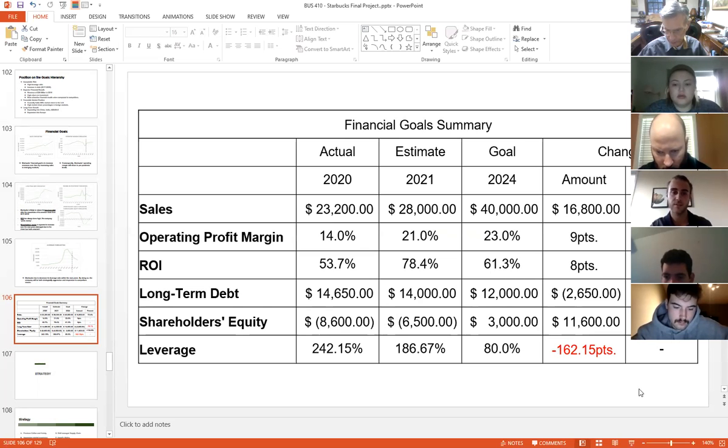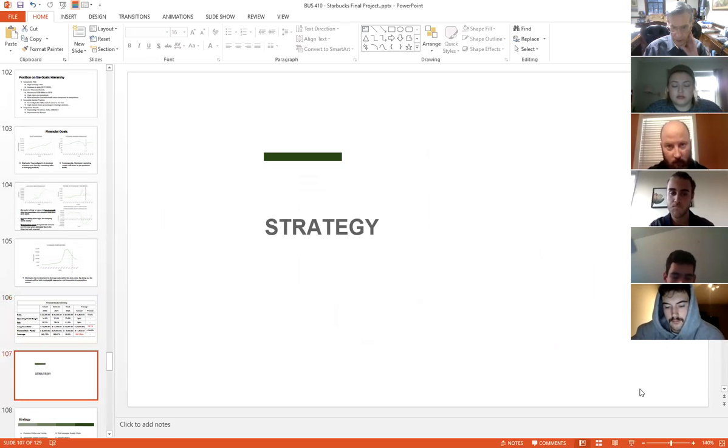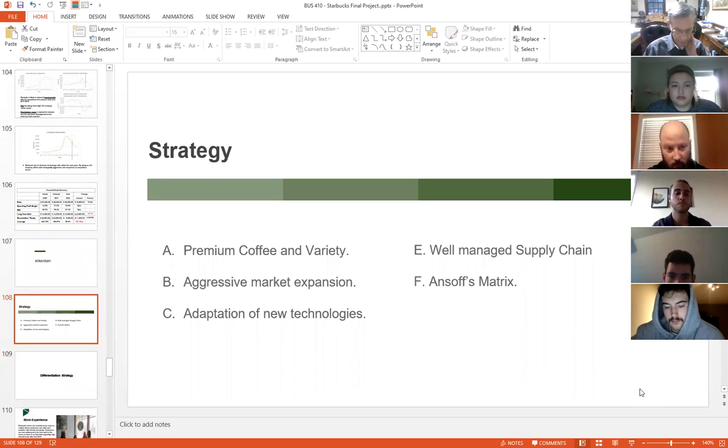Okay, increase in operating profit margin as well as in return on investment, to decrease its long-term debt and increase the shareholders' equity, and of course, as I just said, to decrease its leverage ratio by a lot.